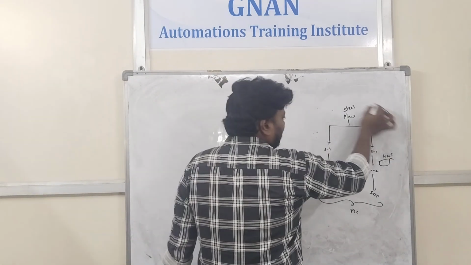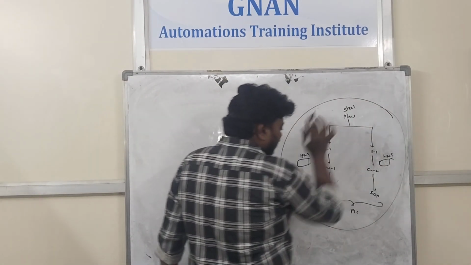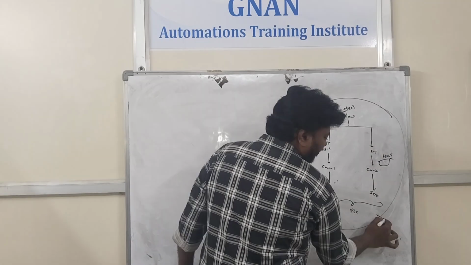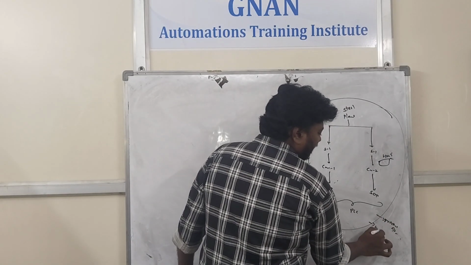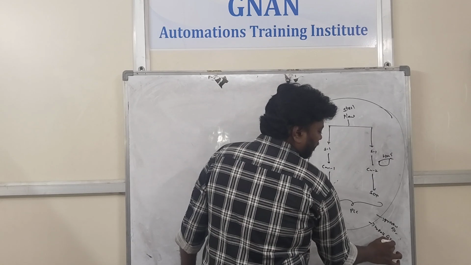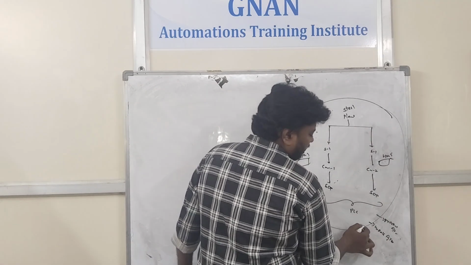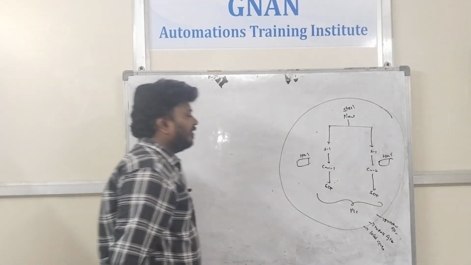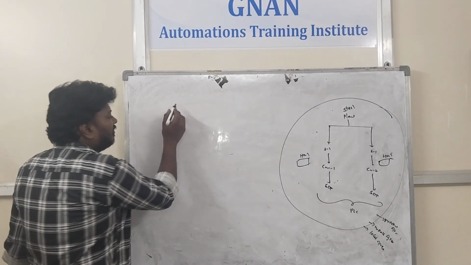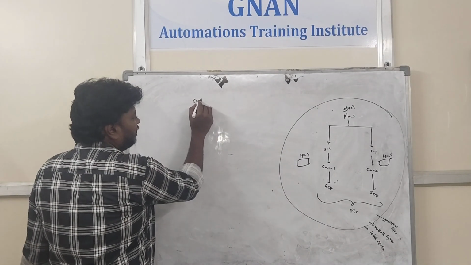Let's say here production is running, right? This is the production area. We are going to call it a production area or work area, or I'm going to treat it as a local area. Every plant is having a controlling system, right?